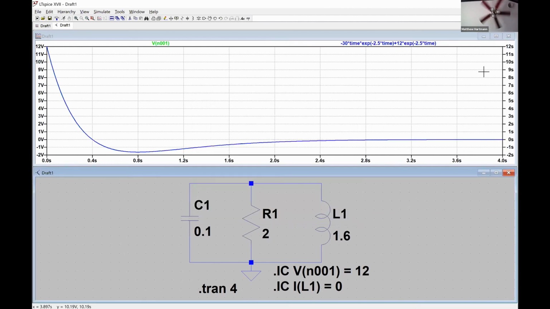We can see that these curves match exactly because the blue curve completely overlaps the green curve, which is what I want. But I also need to make sure that my scale on the left-hand side, which is ranging from +12 to -2, matches the scale on the right-hand side, which is ranging from +12 to -2.